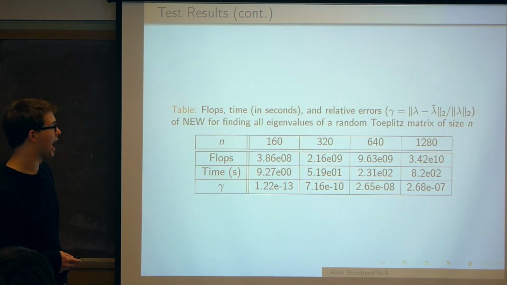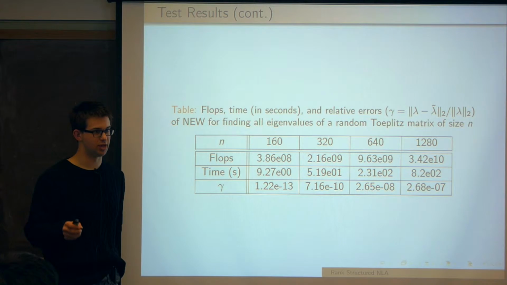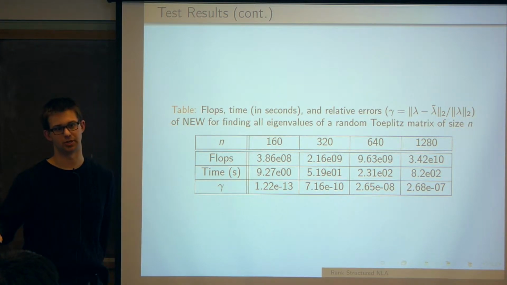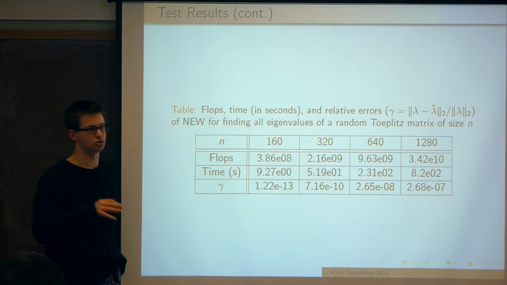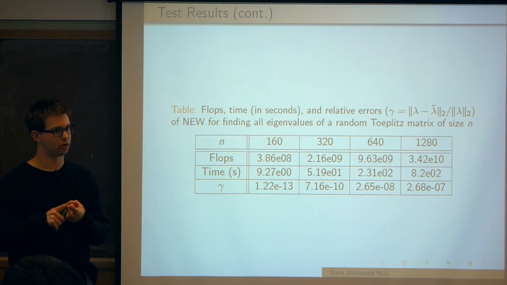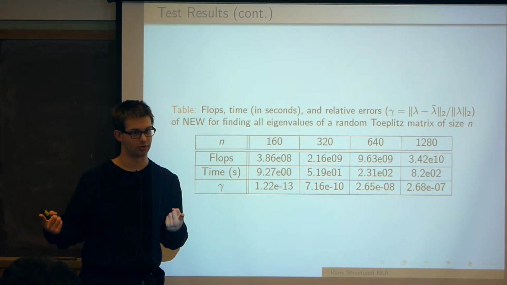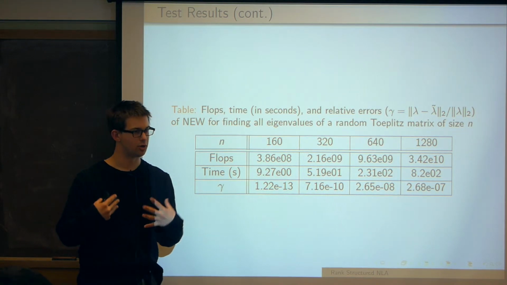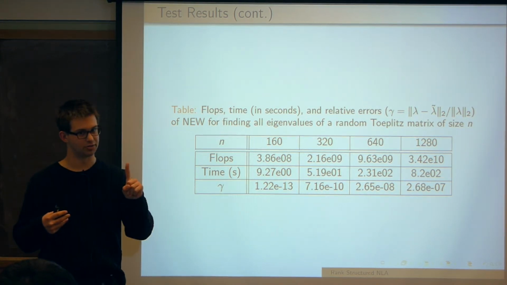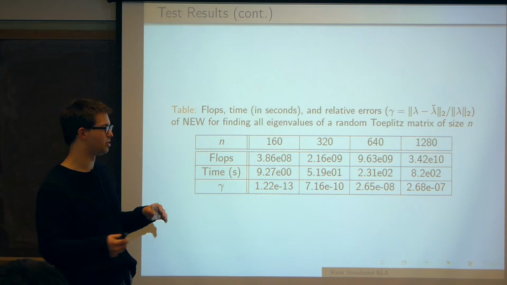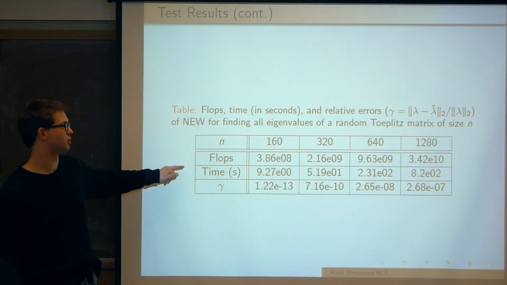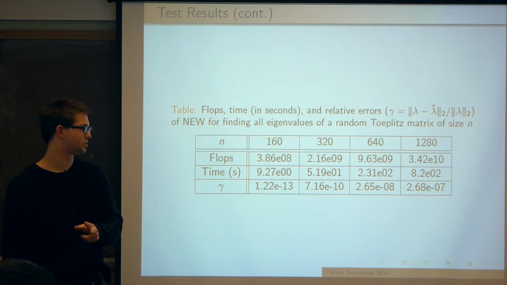In terms of accuracy, it is quite good, and something I'd like to mention is that the accuracy is totally adjustable. To control the accuracy, you have to set a tolerance on the HSS construction, and the fast multipole method also has a tolerance. So when you use our code, you set a single tolerance. It's both those things, and that'll tell you how accurate. For instance, these are tests where I set the tolerance to 10 to the negative 6.